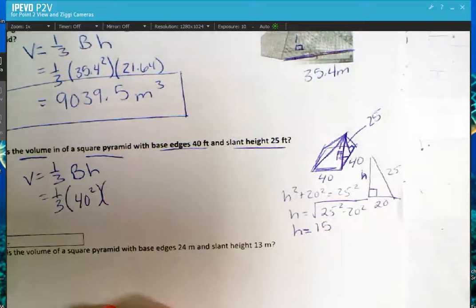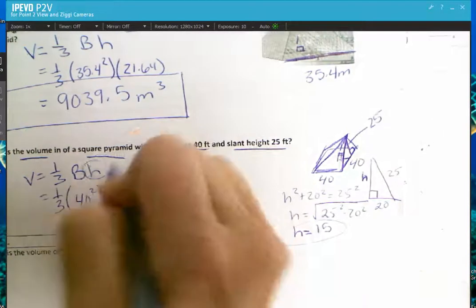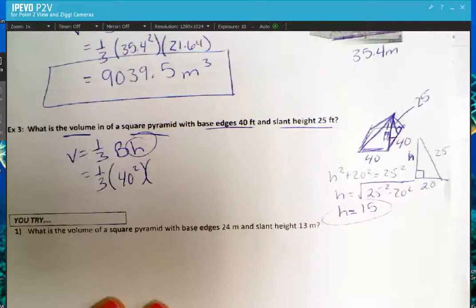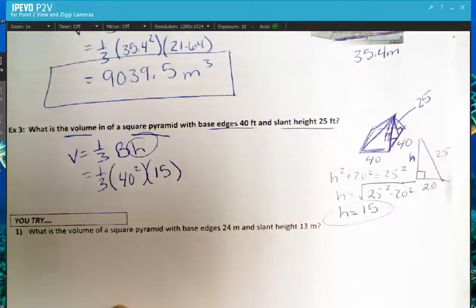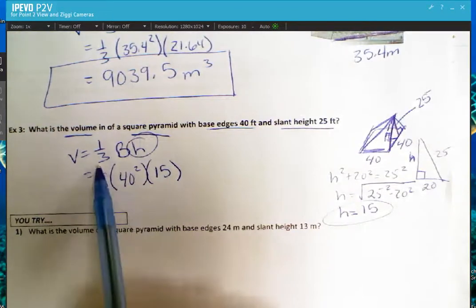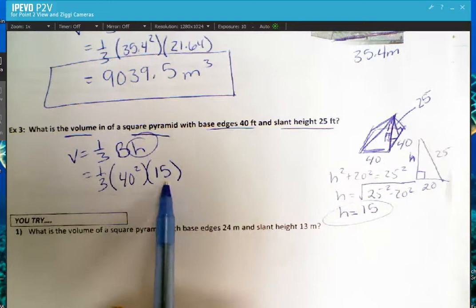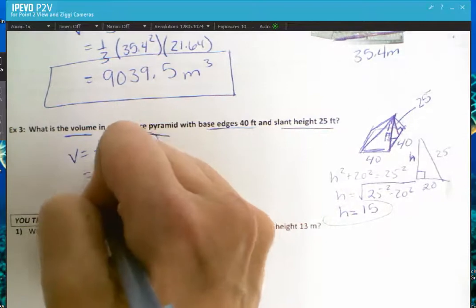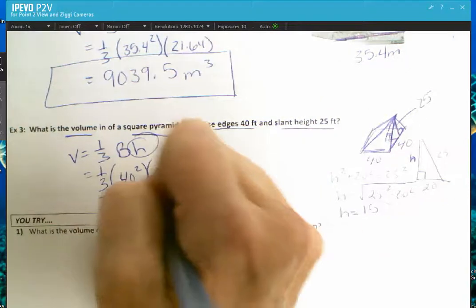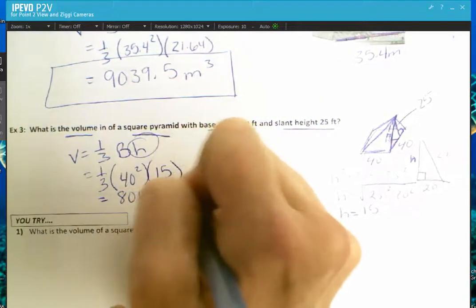I now have my height, which goes into my original equation. You've got to get used to moving over to the side, finding your missing pieces. In my numerator, I have 1 times 40 squared times 15, all divided by, the only thing in my denominator is 3, and lo and behold, it's 8,000 feet cubed.